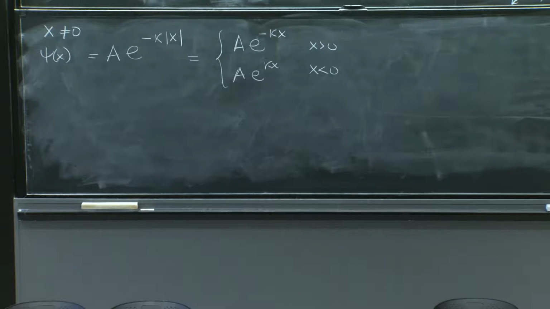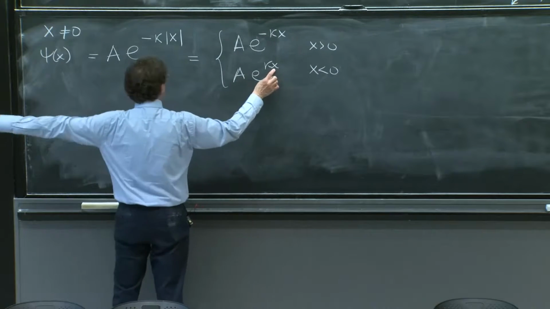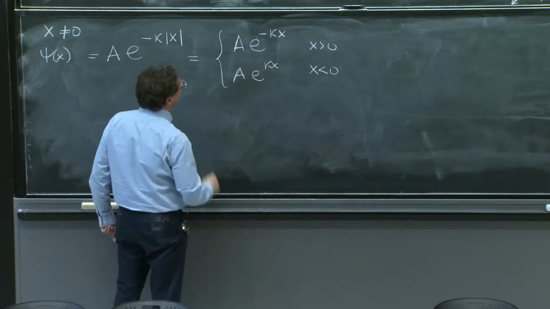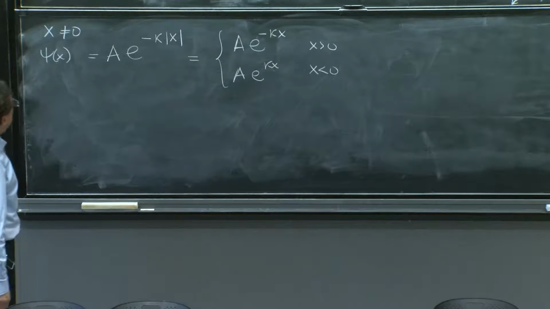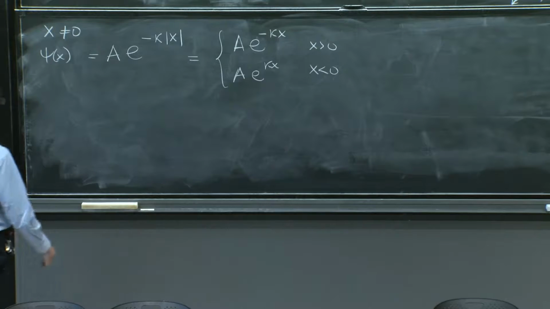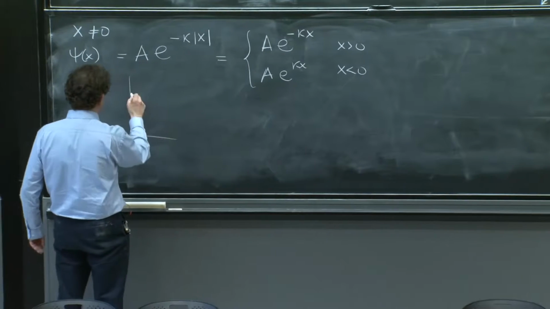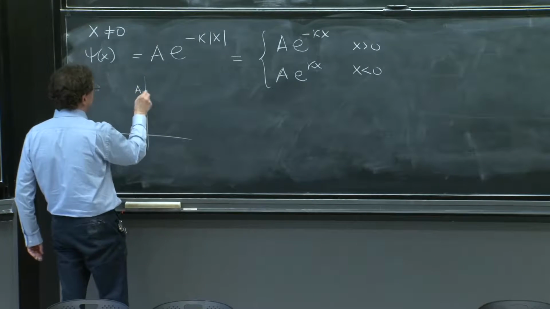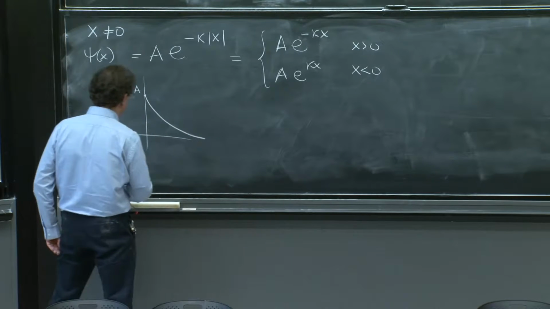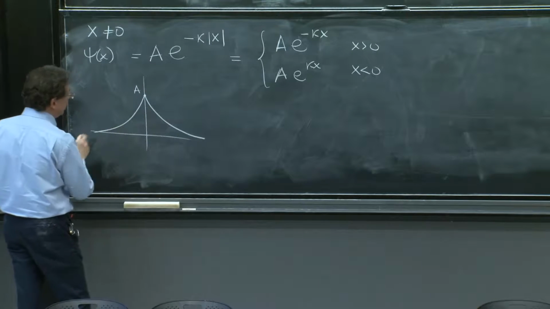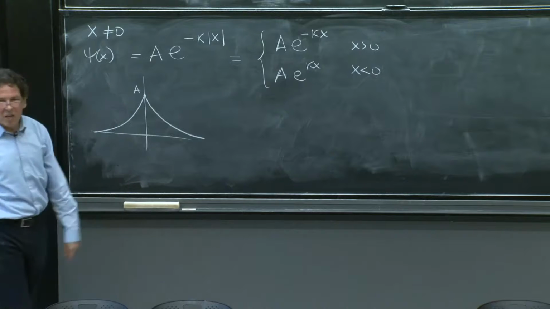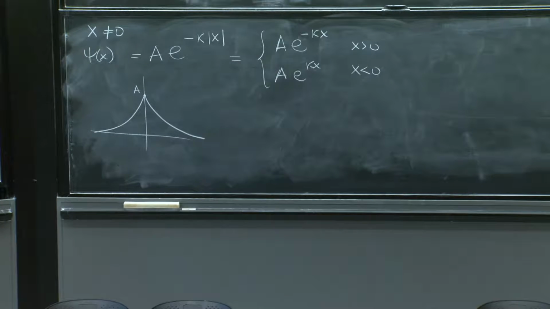The first exponential, negative, is the standard decaying exponential to the right. The one with positive, well, here x is negative as you go all the way to the left. This one decays as well. And this thing plotted is a decaying exponential with amplitude a, like that, and a decaying exponential with amplitude a, and a singularity there, which is what you would have expected.